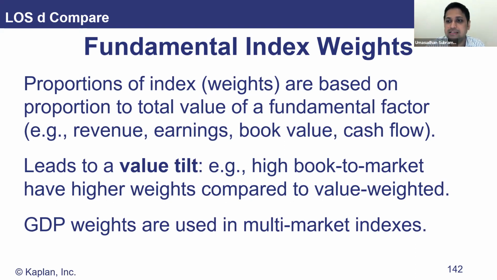I might give weight based on the GDP of the country. If the GDP of a country is more, more weightage for them. Lower sized economies with lower GDP will have lower weight in the index. So GDP weights are usually used in multi-market indices.